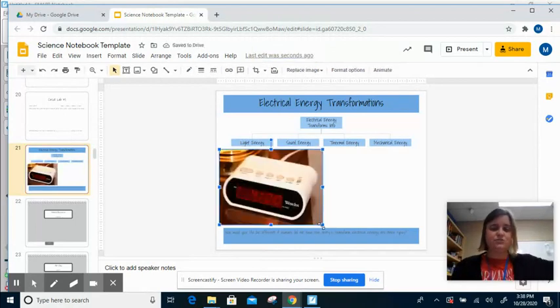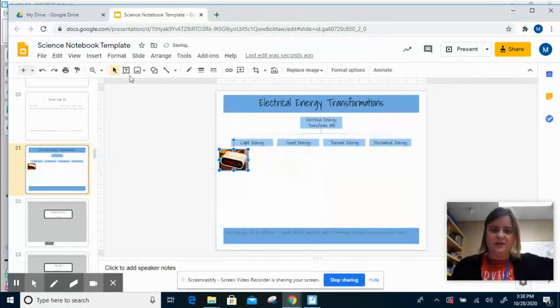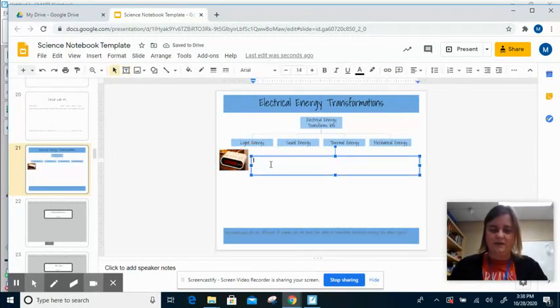I am going to shrink it way down. And then I'm going to add a text box by clicking on the little T at the top. And right here, I'm going to type, hopefully, alarm clock.